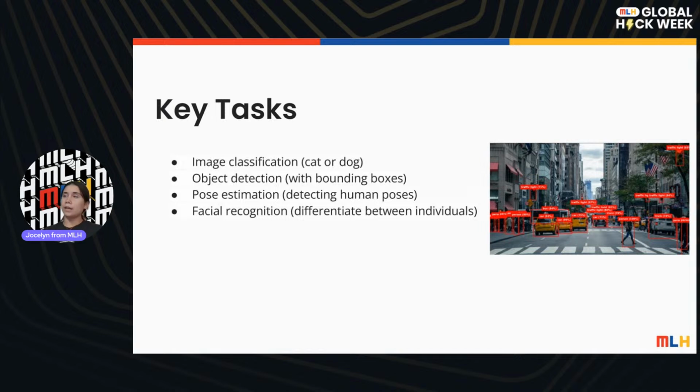And then facial recognition is another one. Facial recognition is to differentiate between different individuals, or you can also differentiate different expressions. I remember a while back, I did a computer vision project where I had a camera in the classroom detecting the faces of the students.